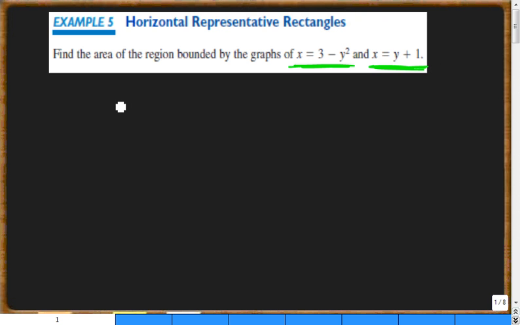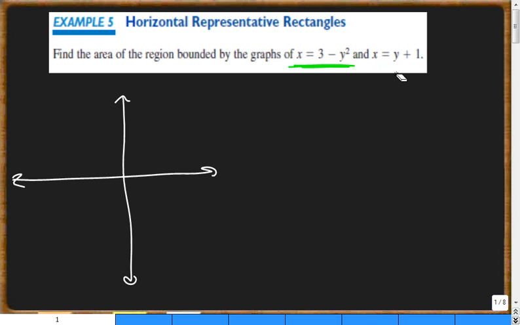So we want to get an idea, again, what does this look like? Imagine you're just doing this sideways. So x equals 3 minus y squared is kind of what y equals 3 minus x squared would look like.